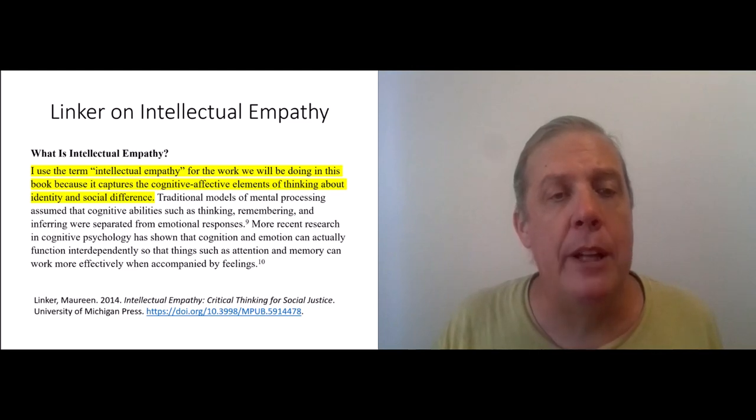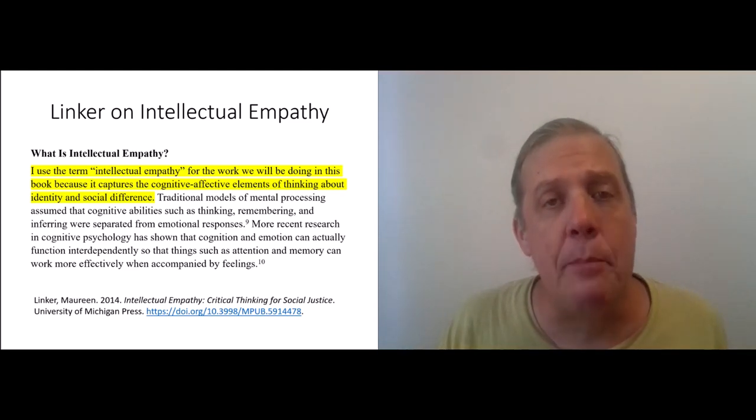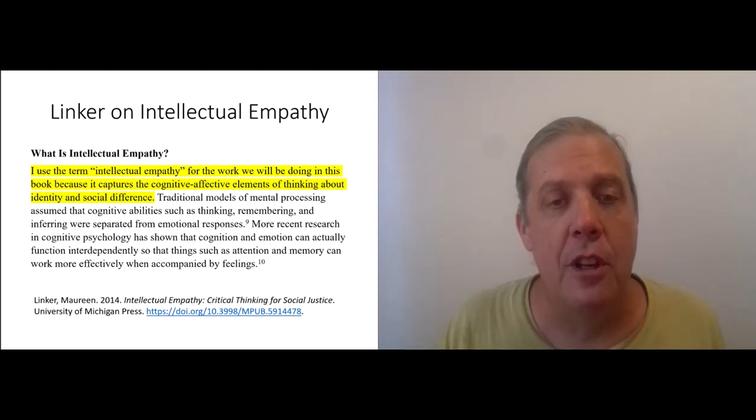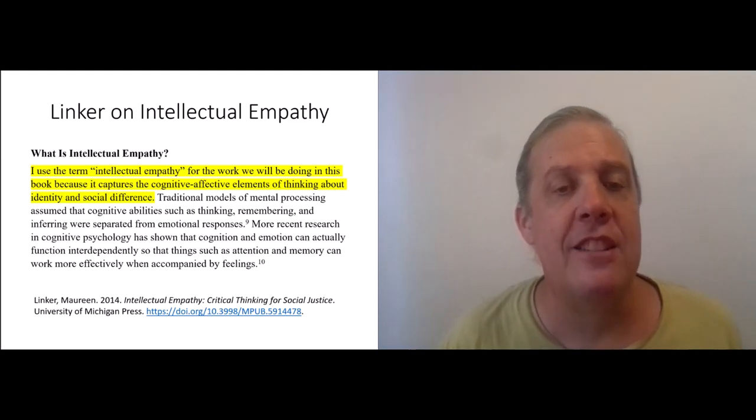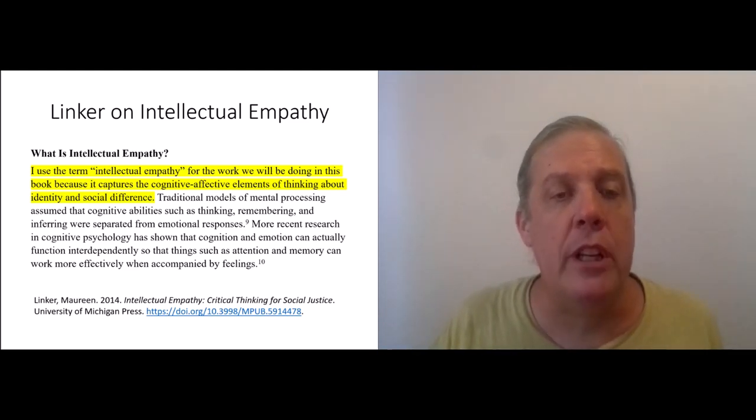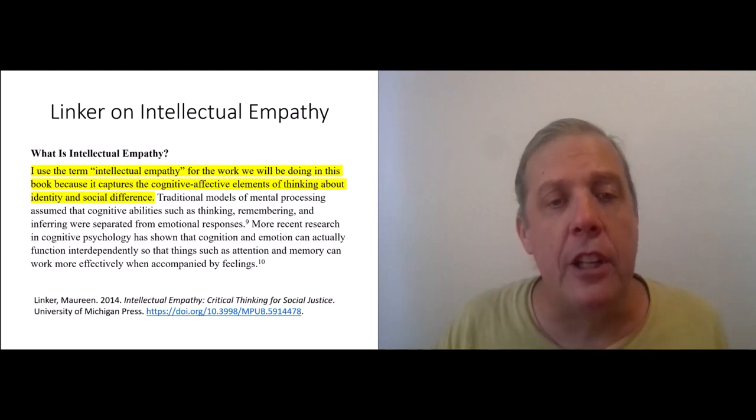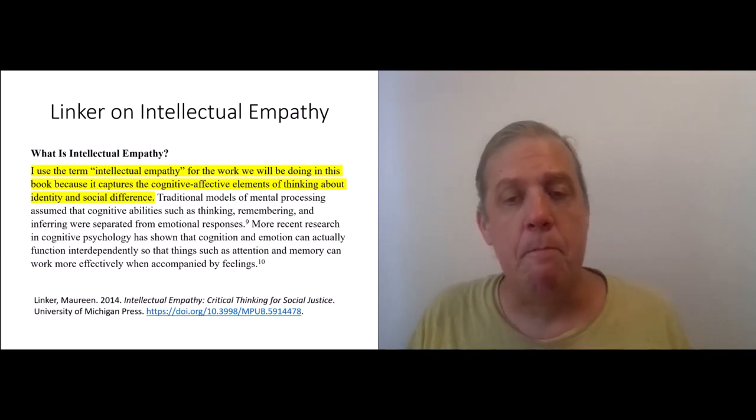Traditional models of mental processing assumed that cognitive abilities like thinking, remembering, and inferring were separated from emotional responses. Recent research on cognitive psychology has shown that cognition and emotion actually function interdependently, so that things such as attention and memory can work more effectively when accompanied by feelings.